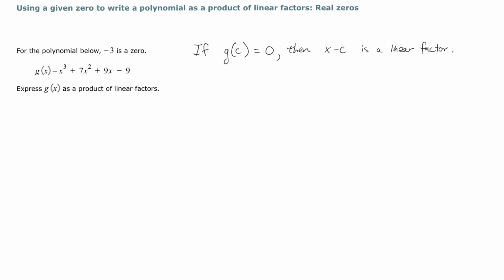Knowing that, we actually have the remainder to be 0. So we are going to divide by the factor x plus 3. Notice our c here is actually equal to -3.